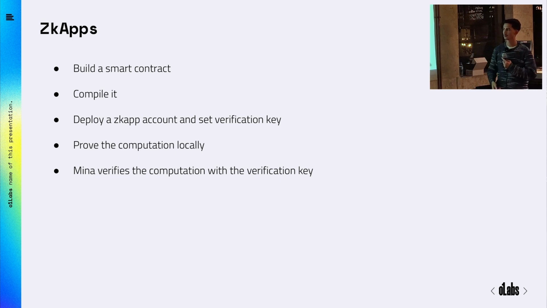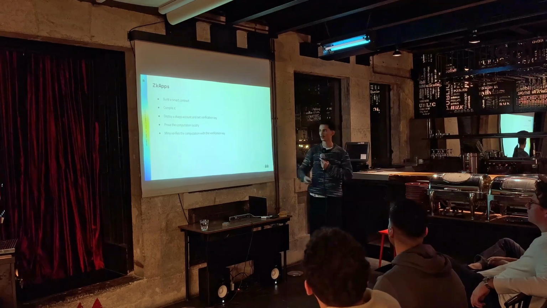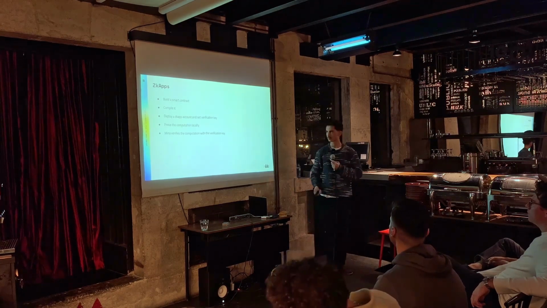Then we generate a proof and send it to the Mina network with a transaction. Then Mina verifies the computation with the proof and the verification key. And if that's also valid, the network applies the account update and updates related state fields.